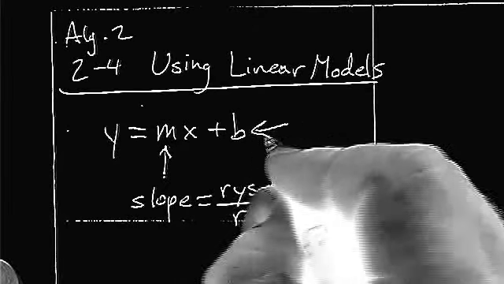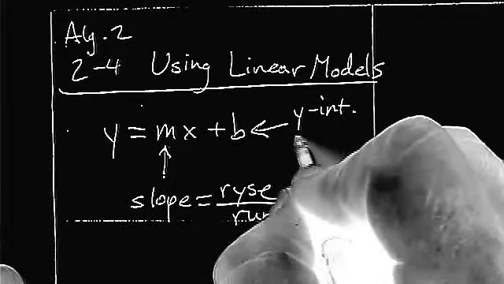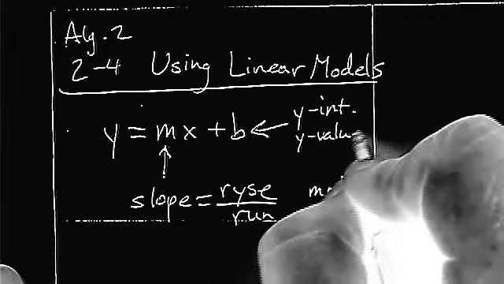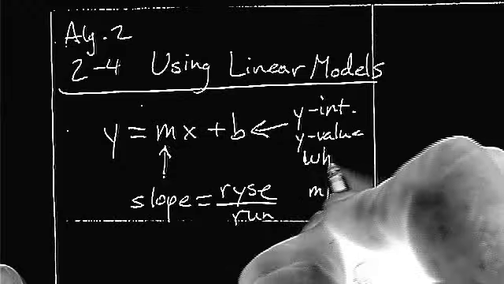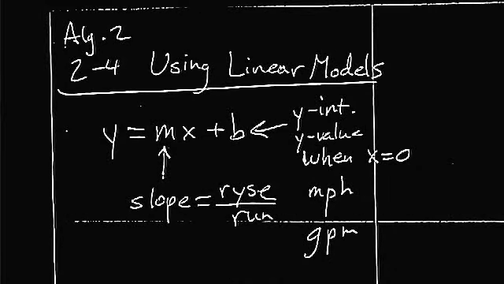Now, b represents the y-intercept, and that is the y value when x equals 0. If x represents a time, that's when the time is 0. If x is a distance away from my classroom, then 0 would represent being at my classroom.